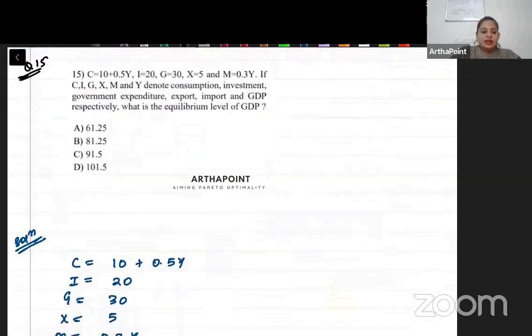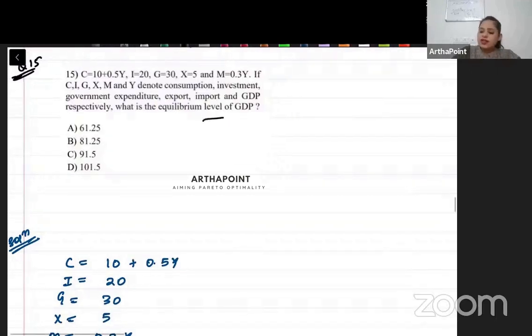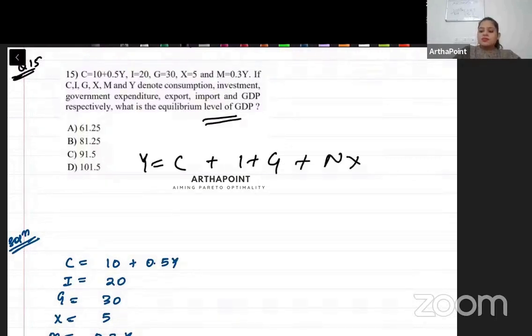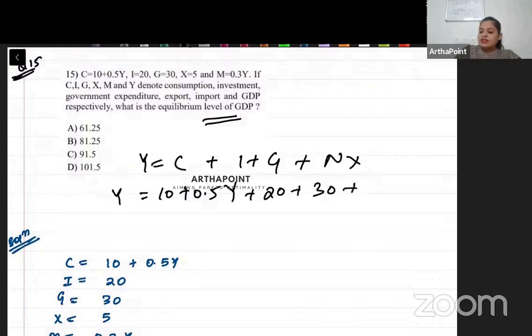C is 10 plus 0.5Y. I is 20. This is very simple. You just have to find GDP. So what is GDP? C plus I plus G plus NX. C is 10 plus 0.5Y. I is 20, G is 30. NX is export minus import. Export is 5, import is 0.3Y.